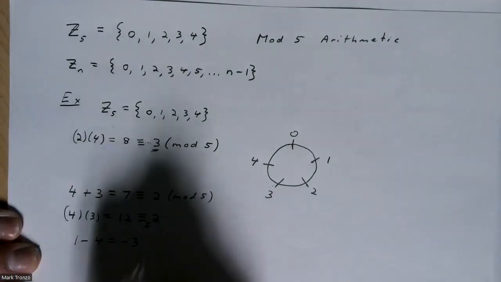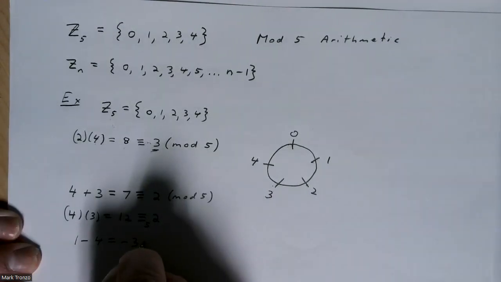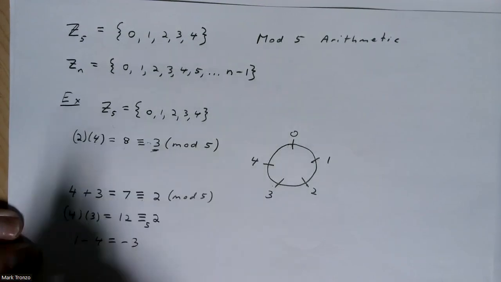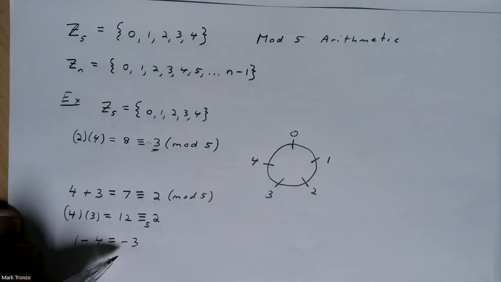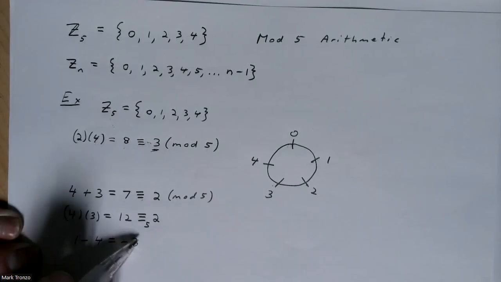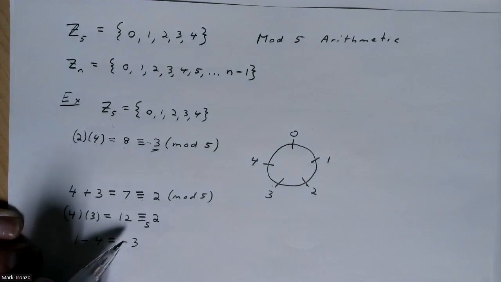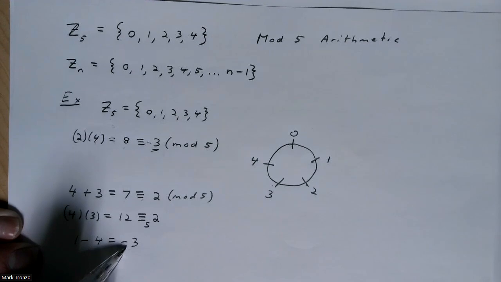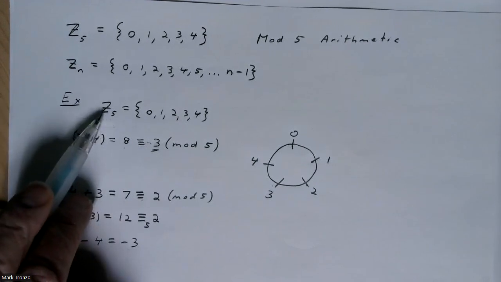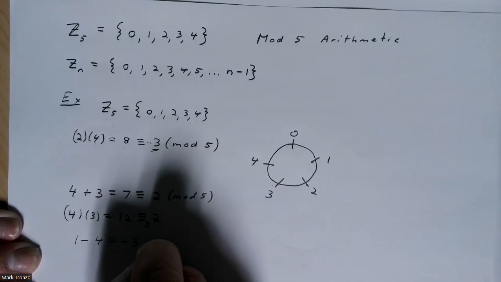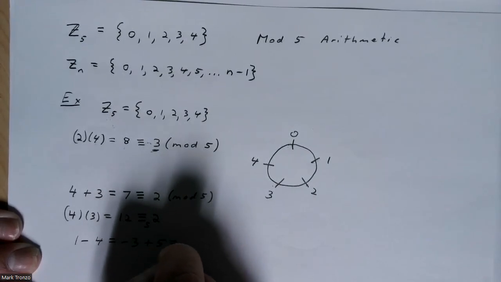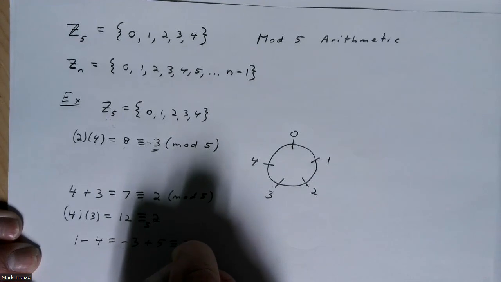So if you divide that by 5, well, actually in this case, that is the remainder because 5 can't go into 1. But when we're doing mod arithmetic, we always have to add the 5, whatever this n is, to our number, which gives us 2.